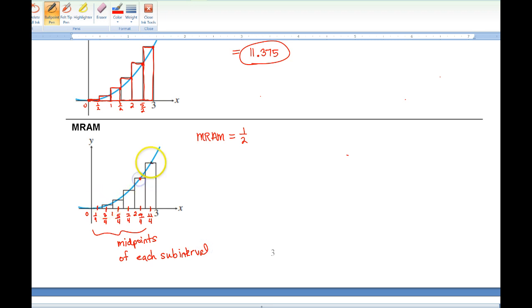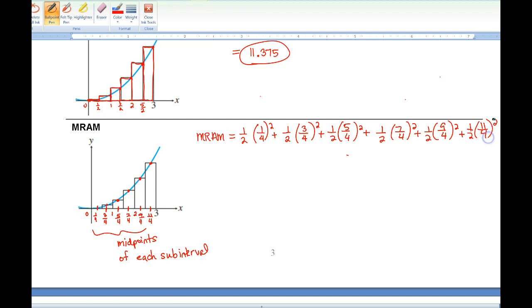If you look, notice where it hits right in the middle of each rectangle. So the first one's going to be 1/2 times 1/4 squared. The next one's going to be 1/2 times 3/4 squared, 1/2 times 5/4 squared, 1/2 times 7/4 squared, 1/2 times 9/4 squared, and 1/2 times 11/4 squared.